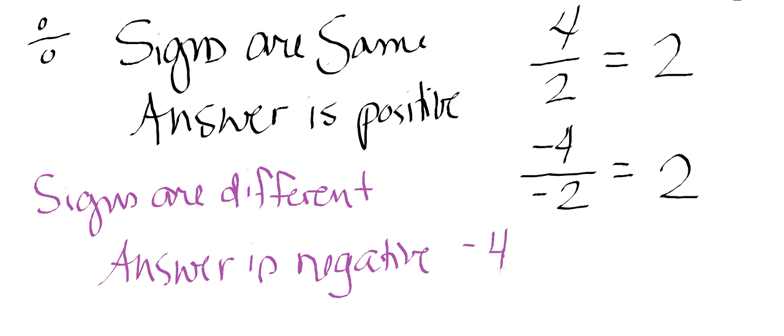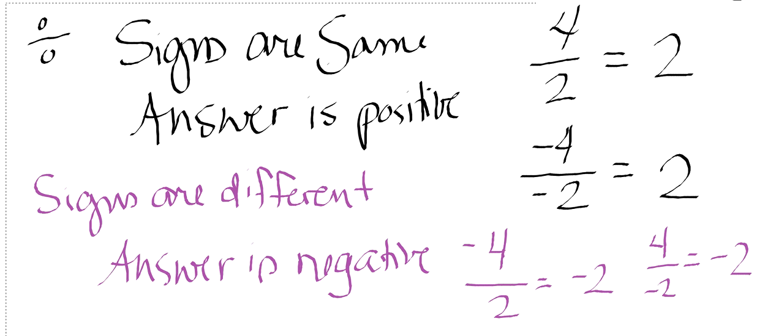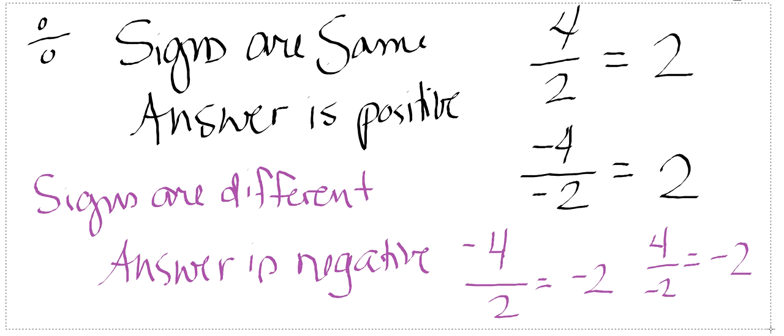Negative 4 divided by 2 would be negative 2, and 4 divided by negative 2 would also be negative 2. Okay, again, give me a second to erase everything.